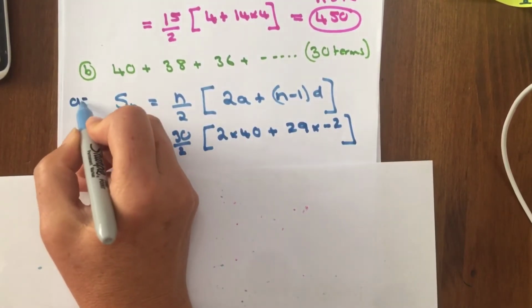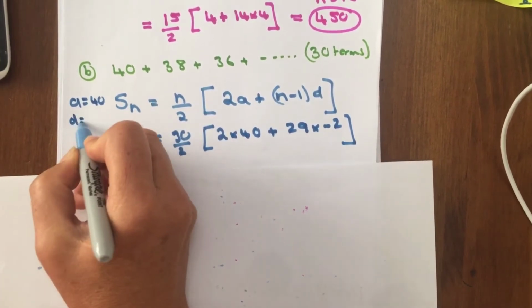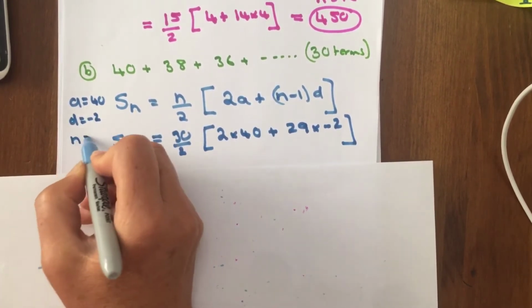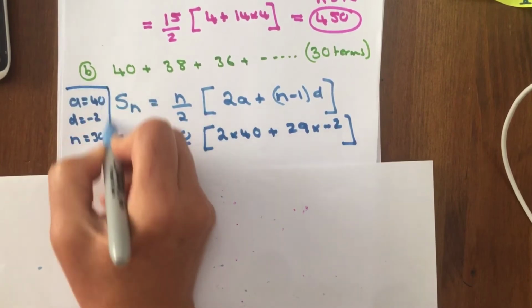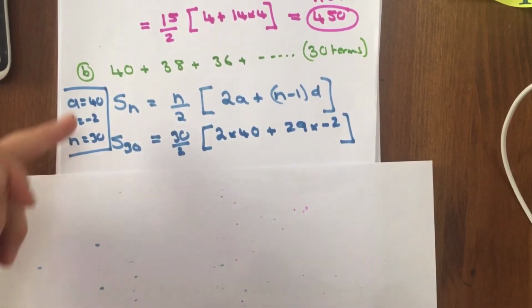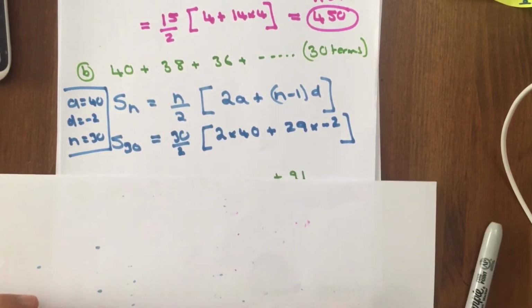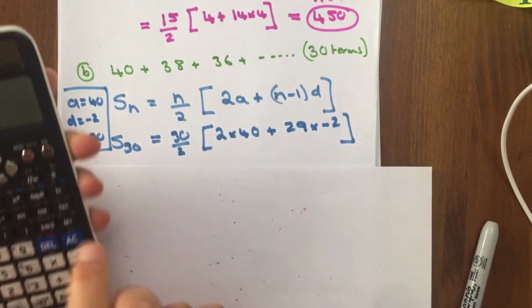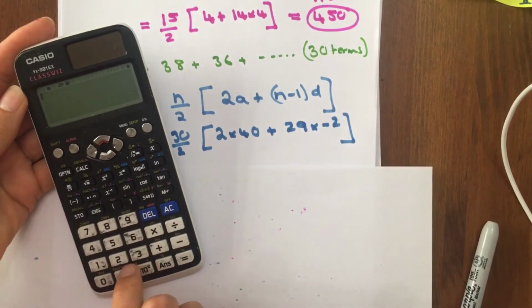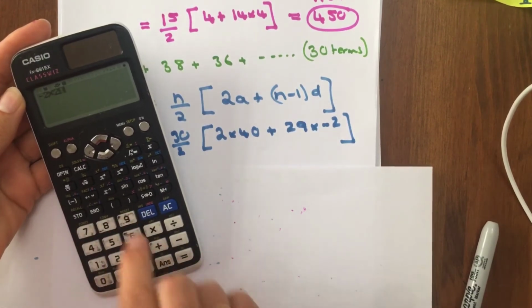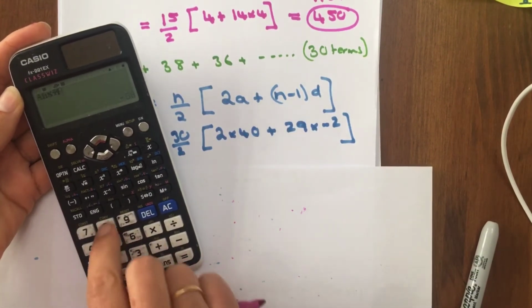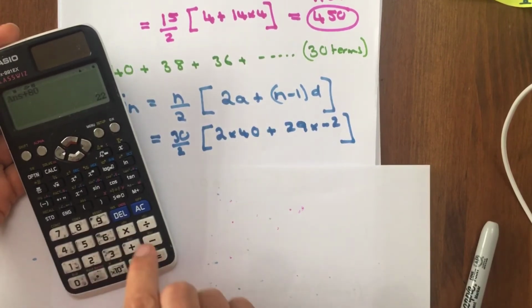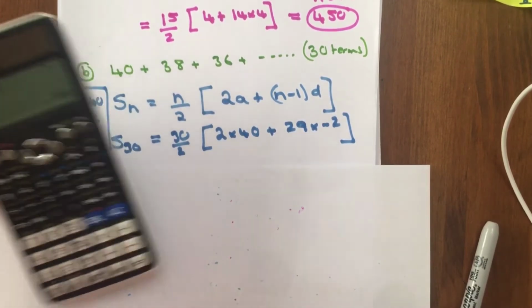So a was 40, d is negative 2, and I'm looking at the first 30 terms. It's good to write that down before you plug them into your formula. Now just use your calculator: negative 2 times 29, plus 80, times 15, and you should get 330.